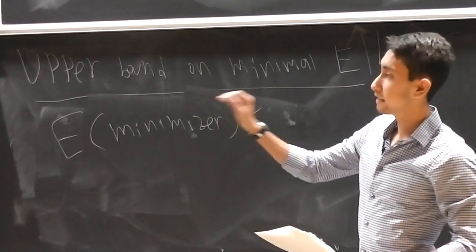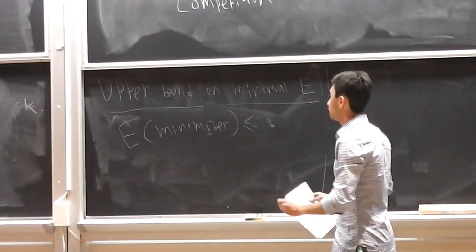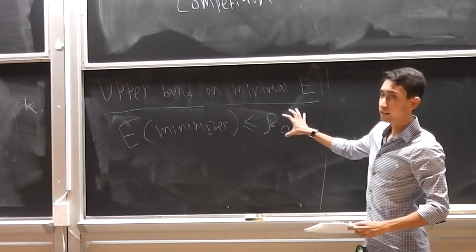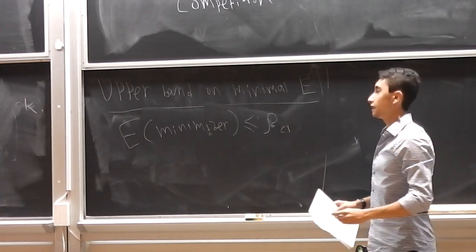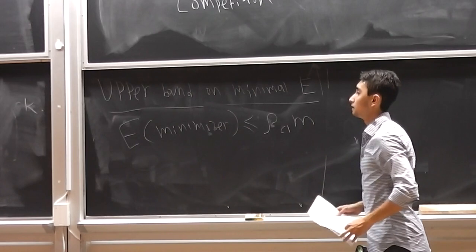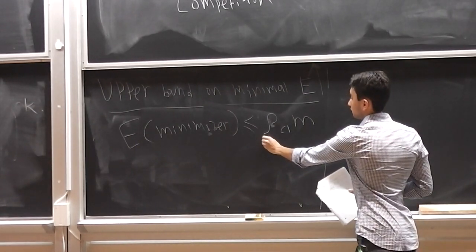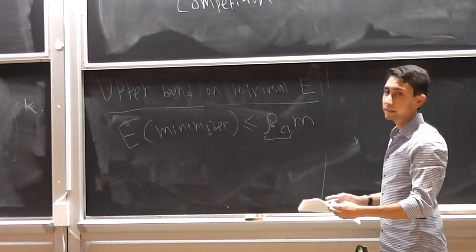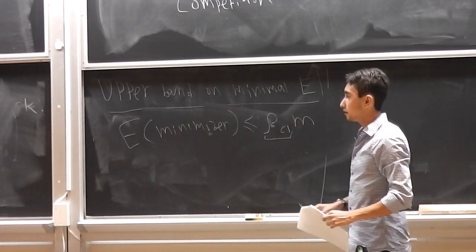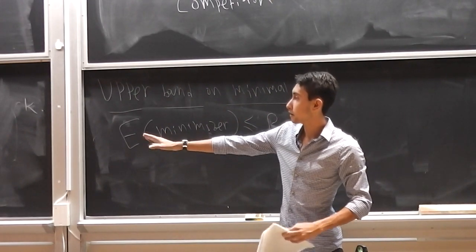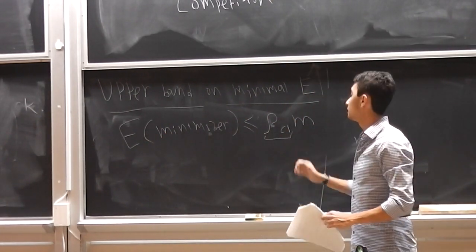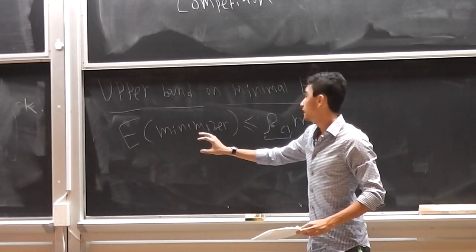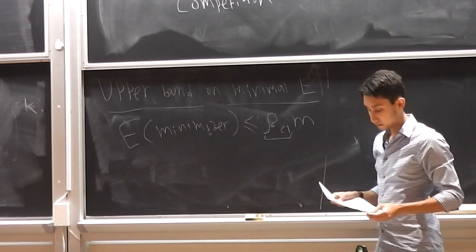We just bounded the energy density, so it's going to be the maximum energy density times the mass, times the area. It's kind of messy, but it's explicit with Maple. We have that in terms of gamma functions and so on. That's as long as R lies within a certain range, as long as it's sufficiently large. So if we have a minimizer, its energy has to be less than this.